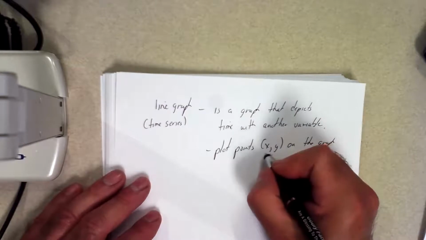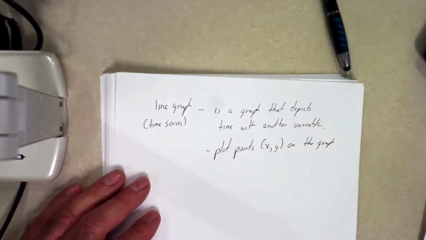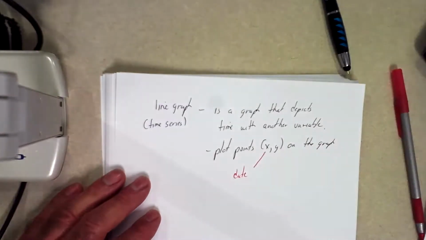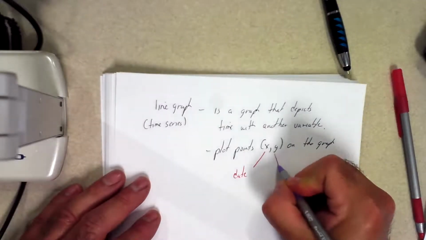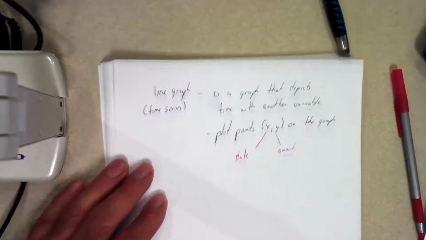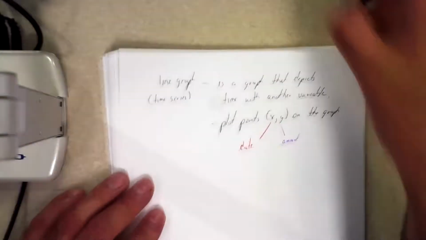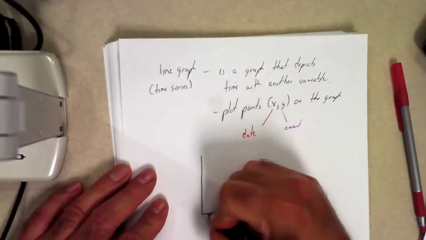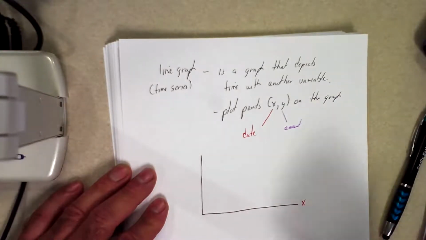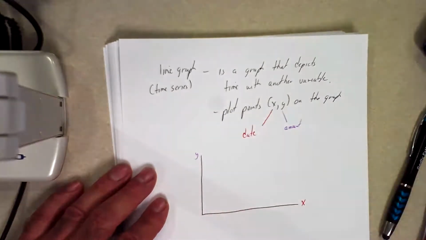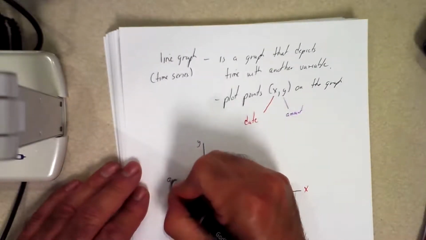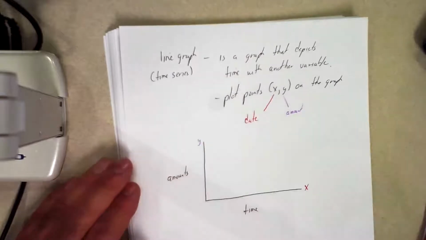Your date is the X, and then you have the amount, the Y. It's kind of like a grid in math where you plot XY coordinates. Here's your X, and then your Y. So you have your time here, and you have your amounts there.